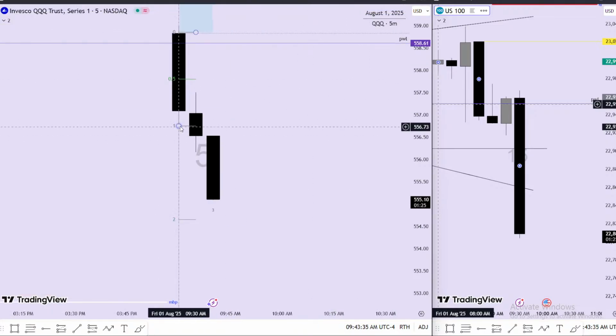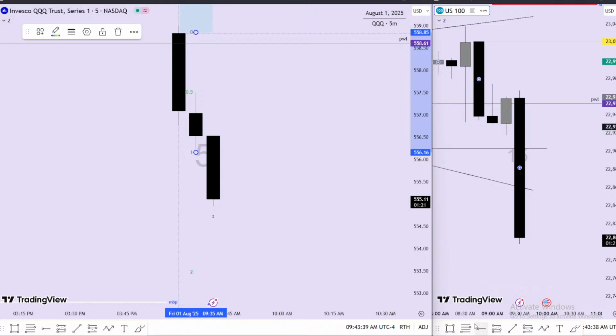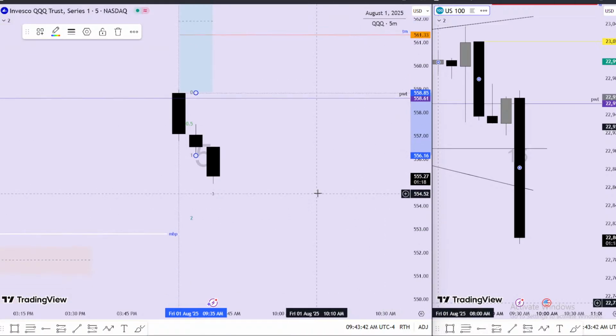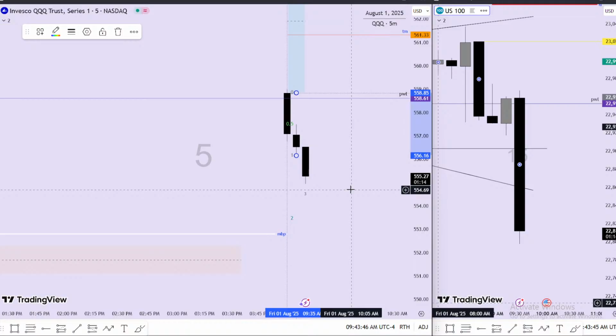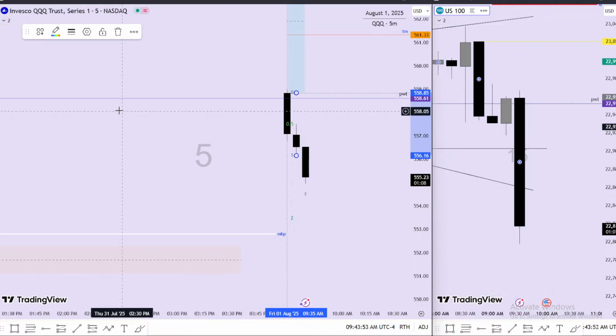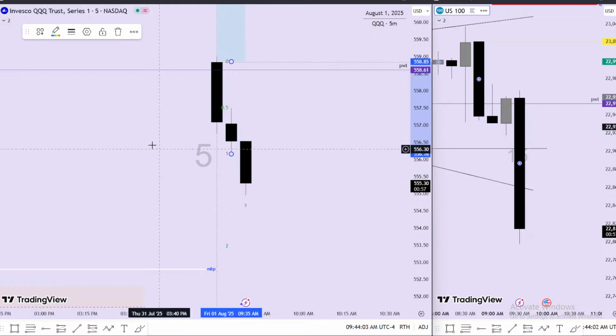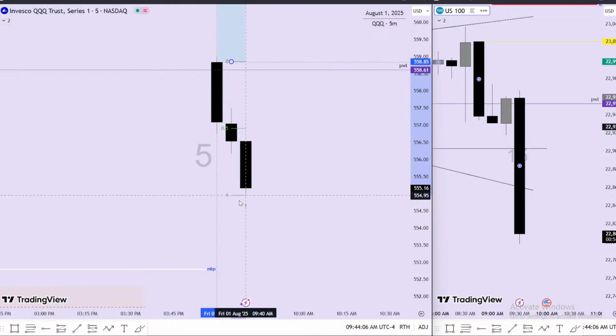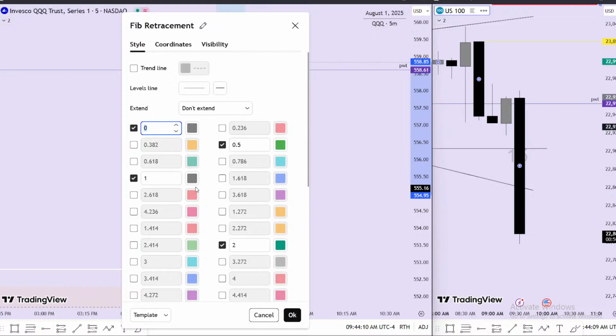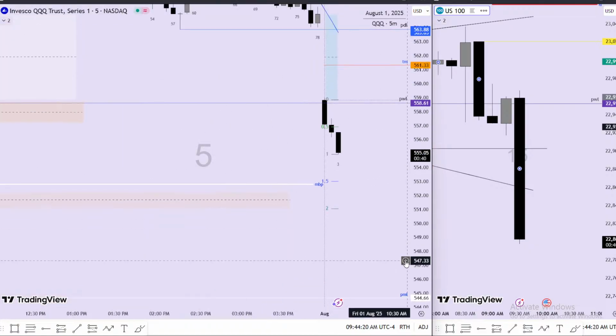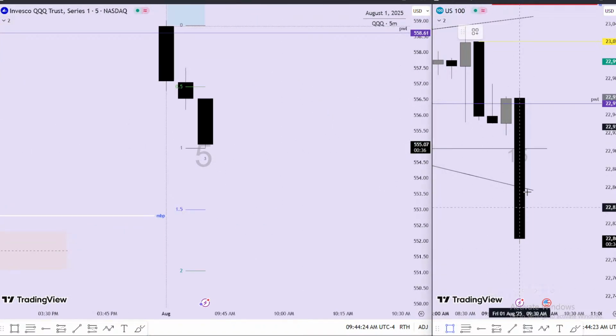Oh God, it's a big bar. Big bar is big risk. Thirty-eight seconds.